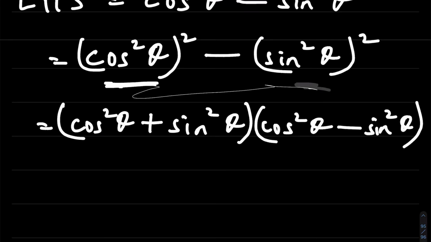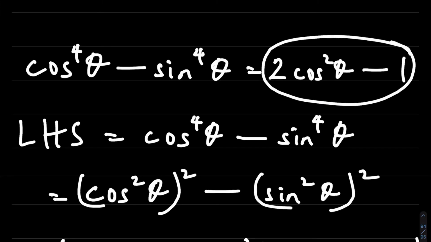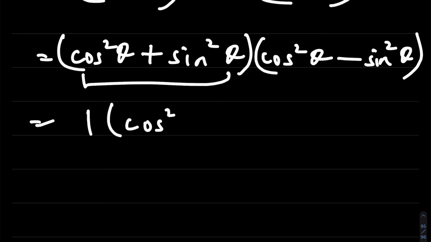Don't forget what we want to show that it is equal to. We want to show that it is equal to 2 cos squared theta minus 1. So cos squared theta plus sine squared theta is 1, times cos squared theta minus sine squared theta.